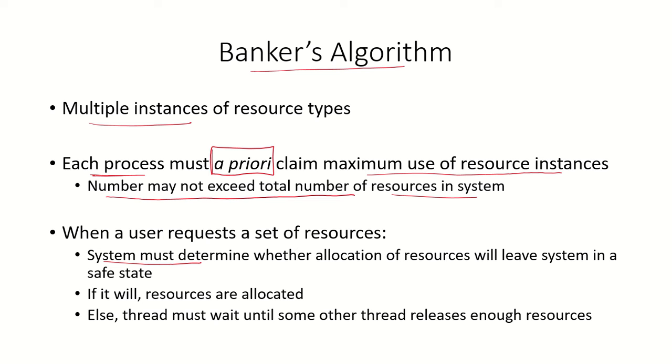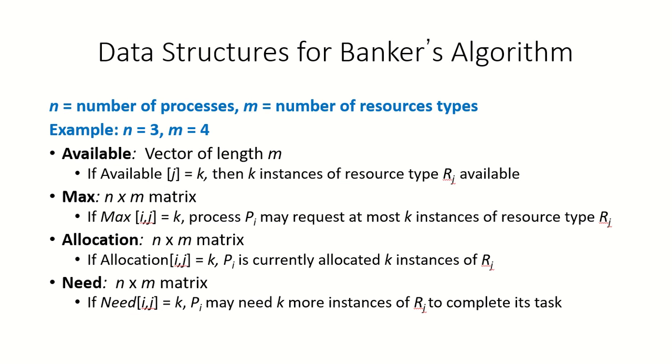If the allocation will leave the system in a safe state, then the resources are allocated. Otherwise, the process has to wait till some other thread or process releases enough resources as required by the requesting process. There are certain data structures which are required for the Banker's algorithm.